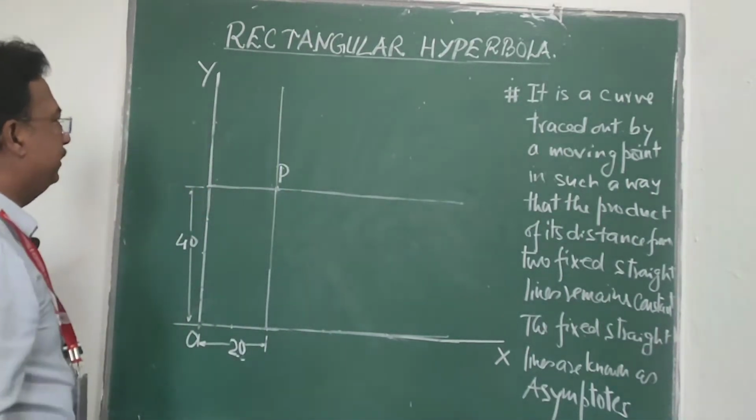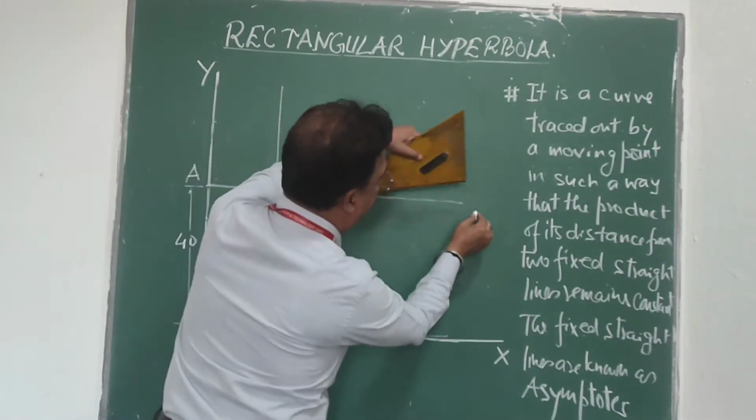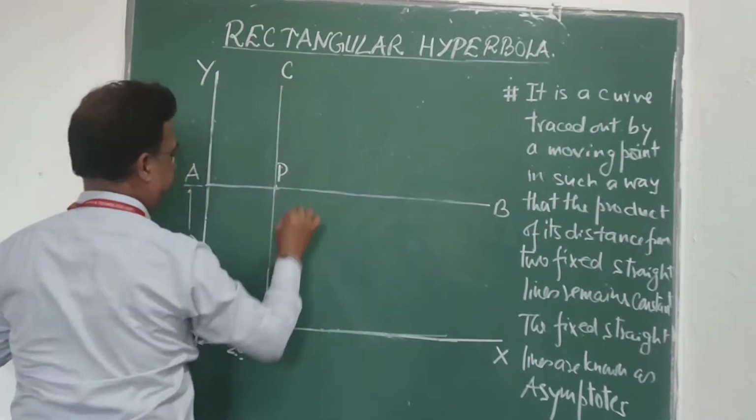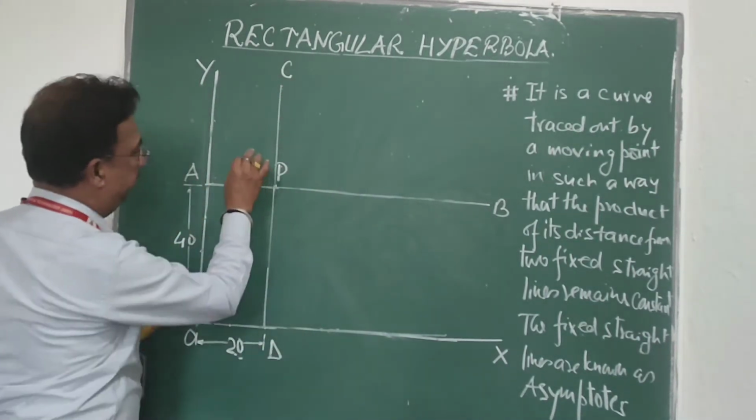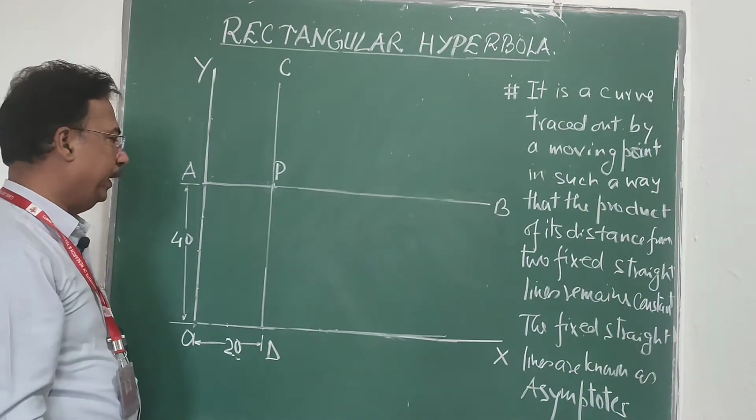Maybe we can name these two lines AB and CD, suppose. So this CD will be perpendicular to OX and AB will be perpendicular to OY.